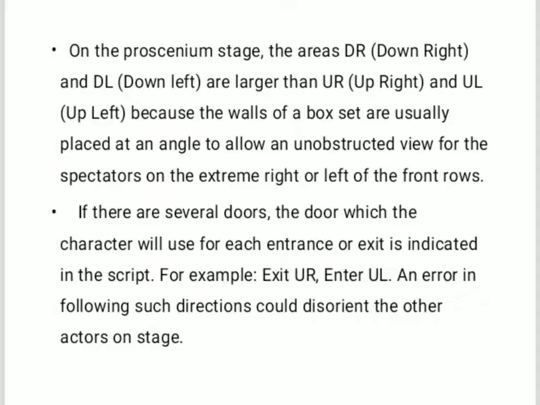If there are several doors, the door which the character will use for each entrance or exit is indicated in the script. For example, exit UR, enter UL. An error in following such directions could disorient the other actors on stage.